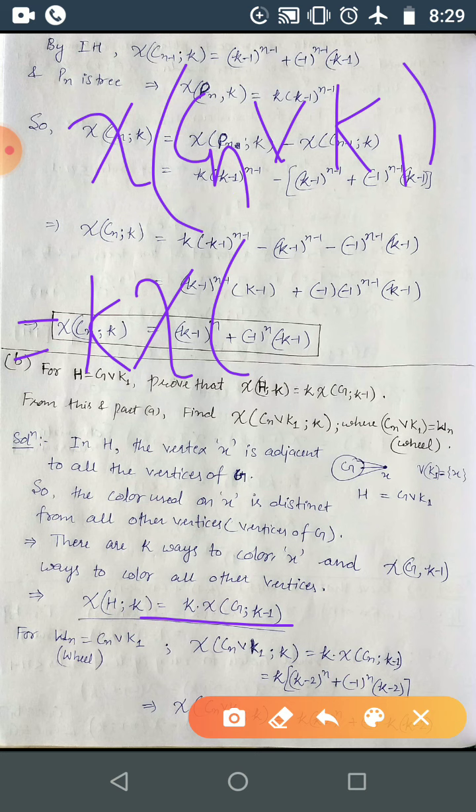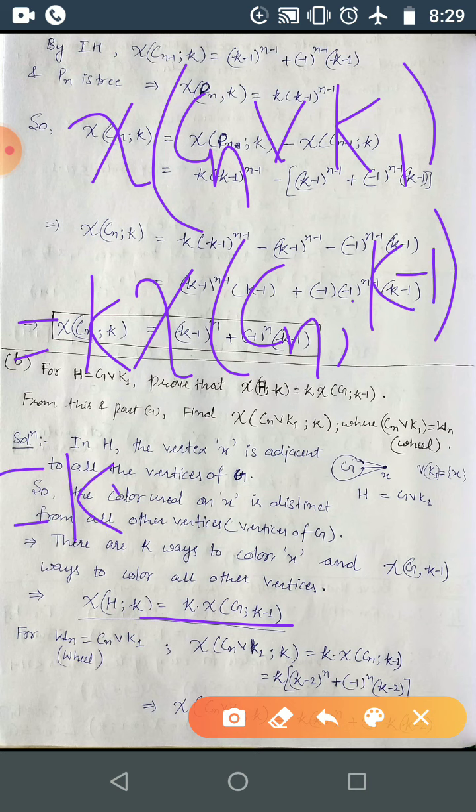So here the chromatic polynomial for Cn when K minus 1 colors are given, correct? So it is K into, and what can you say about this one? You can use the output of the first part, so that will be K minus 1 raised to power n plus minus 1 raised to power n times K minus 1, correct? That will be given by this one.